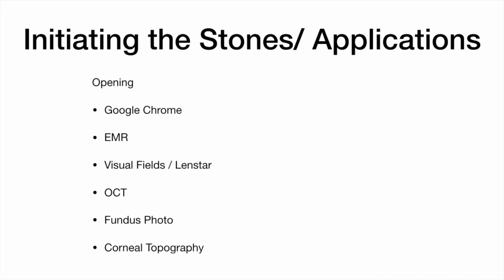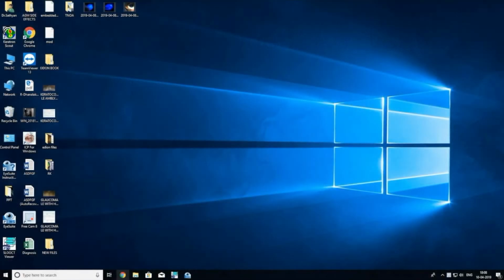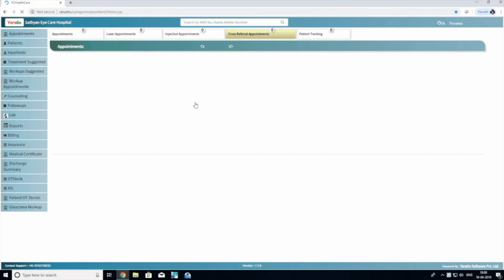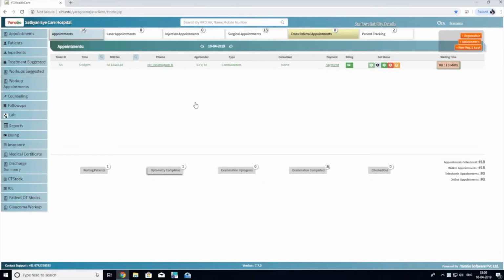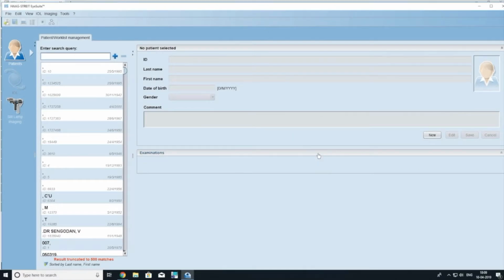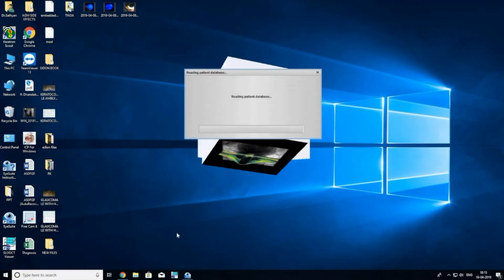Initiating the gadgets begins by clicking on their icon before examining the patient. Clicking on Google opens the search engine, which powers the EMR linked to it, where the patient's case sheet is attached. Then the eye suite is opened, where the visual fields and the Lenstar can be visualized, followed by initiation of the optical coherence tomography by clicking on the icon and priming its database.